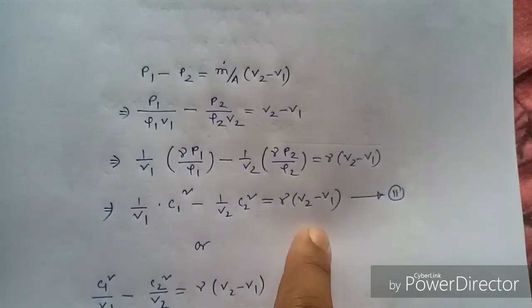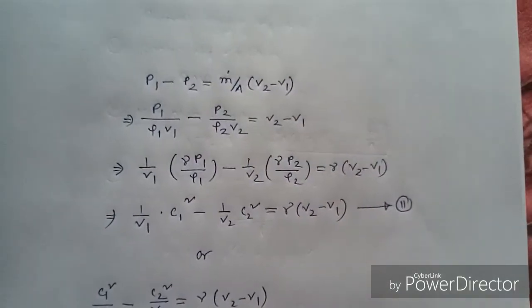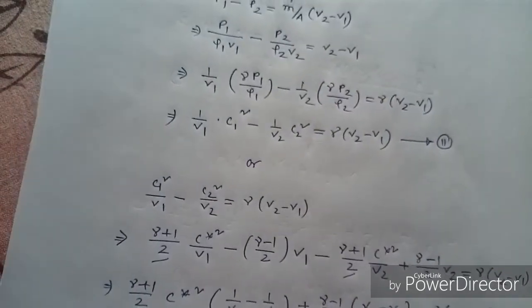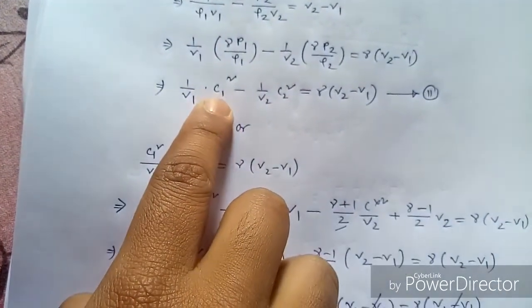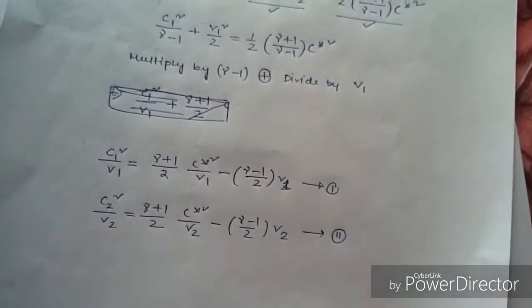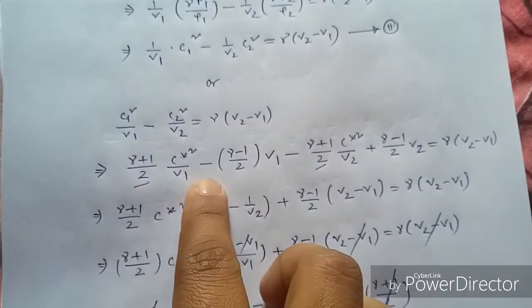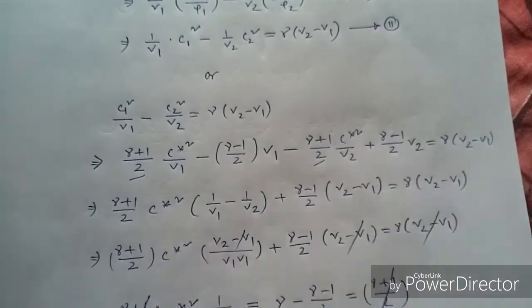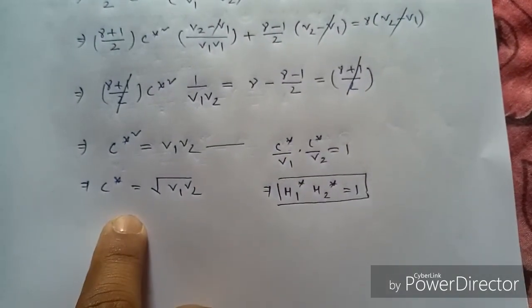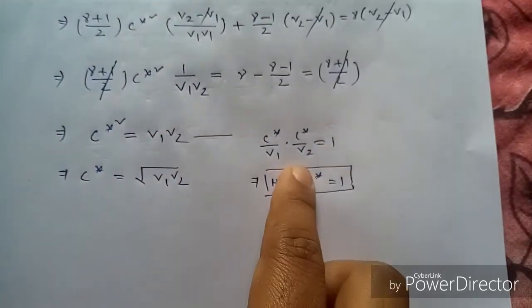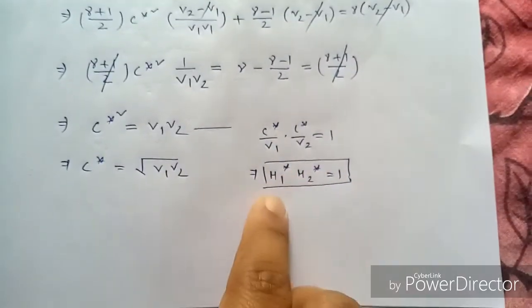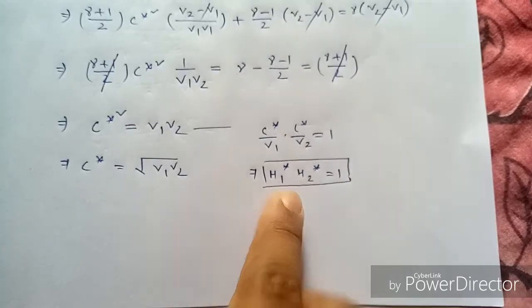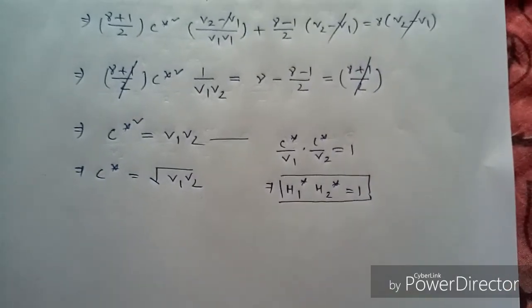So from this you get this equation. So you have determined these two values. Now you just put this value, then do some simplification, then you will have this. So you can arrange it like that so that you will get this equation. So this is all about this Prandtl equation.